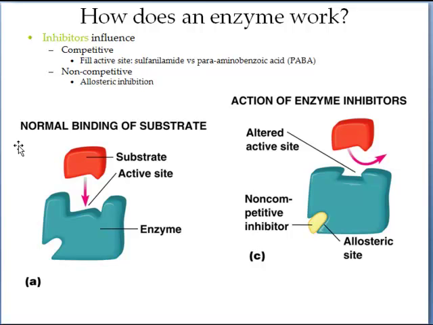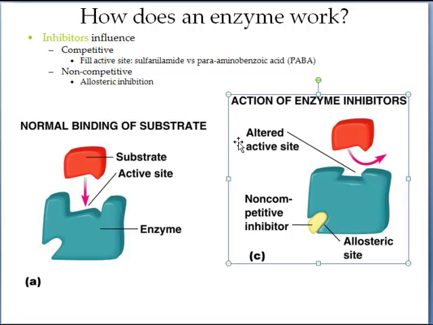To inhibit means to slow down or to totally stop. So they have competitive inhibition, which means that these inhibitors fill the active site of an enzyme and compete with the normal substrate for the same active site.